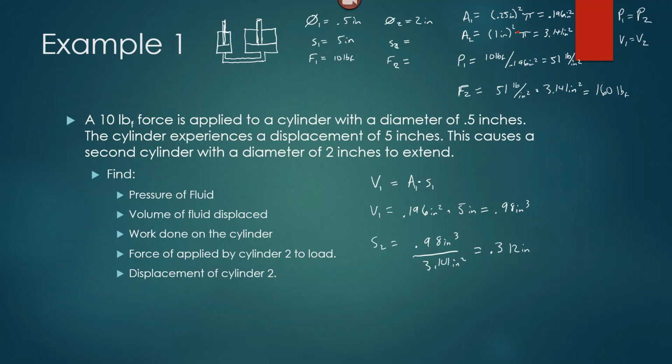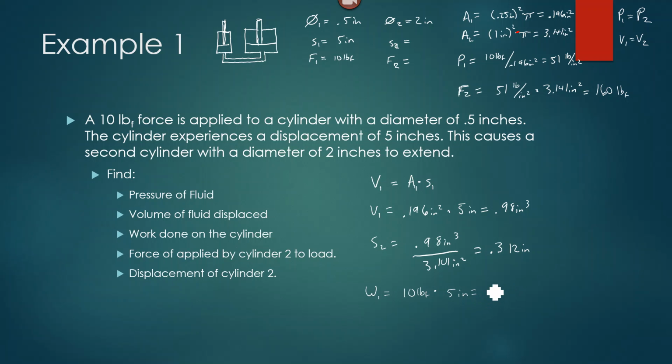So let's look at the work. There's a couple ways we can get this, but we're going to try to see if we can get most of them. So one way we can get it is going to be our force times displacement. This is going to be work on 1. So work 1 equals force times displacement, so 10 pounds force times a displacement of 5 inches.